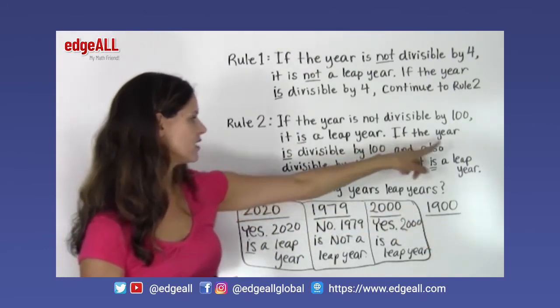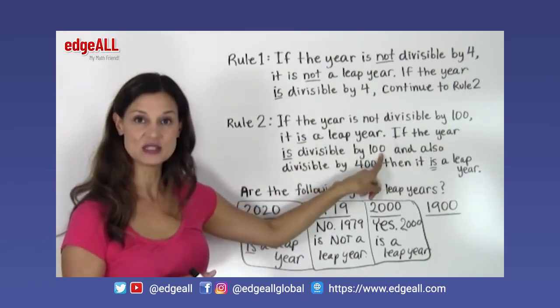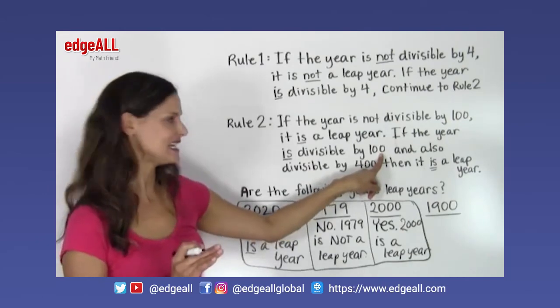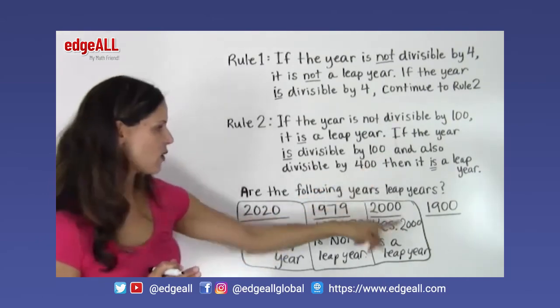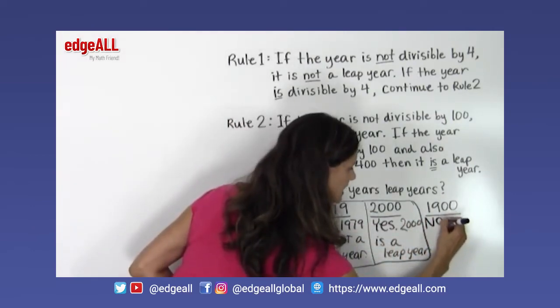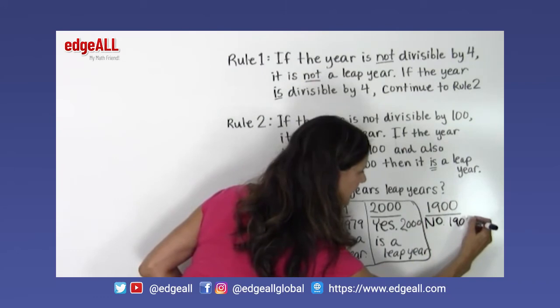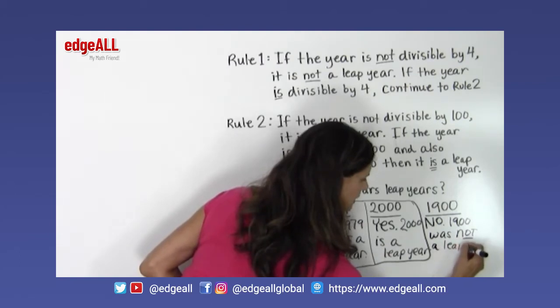So we come to here, if the year is divisible by 100, 1900 is divisible by 100, but 1900 is not divisible by 400. And so it is not a leap year. So we say no to this 1900. 1900 was not a leap year.